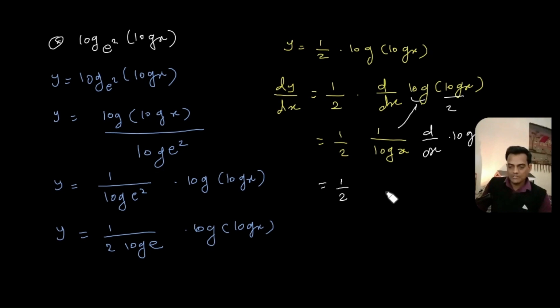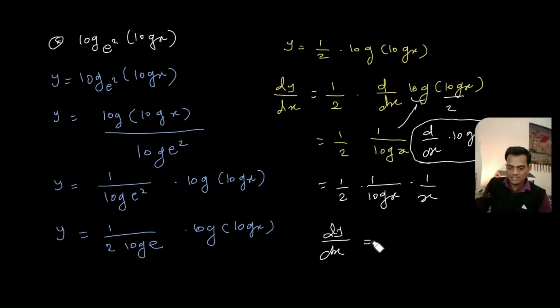So it is equal to 1 by 2 into 1 upon log of x into the derivative of log of x, which is 1 upon x. So finally I will get dy by dx equal to 1 upon 2 x log of x. It will be our final output.